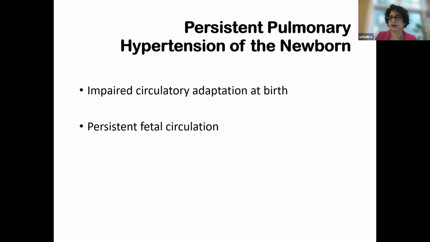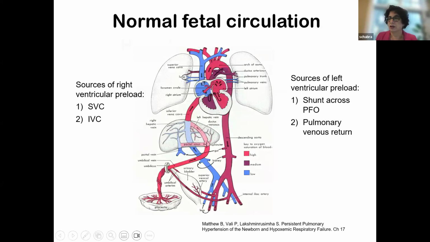So what is pulmonary hypertension of the newborn? It is actually an impaired circulatory adaptation at birth, or persistent fetal circulation. In the fetus, the umbilical venous blood flowing in from the placenta has the highest percentage oxygen saturation, with a PaO2 of 27 to 35 millimeters of mercury.